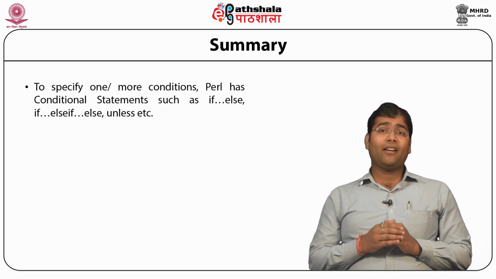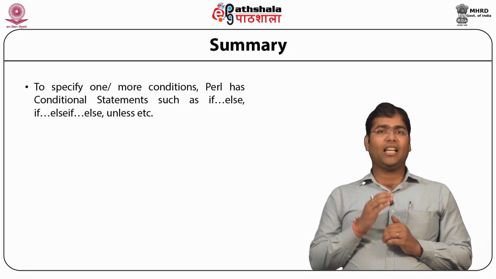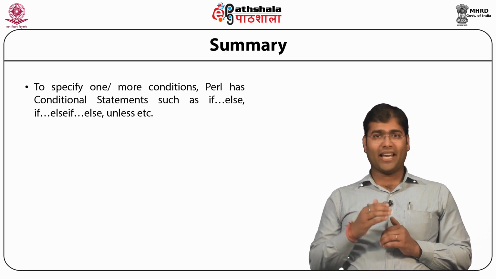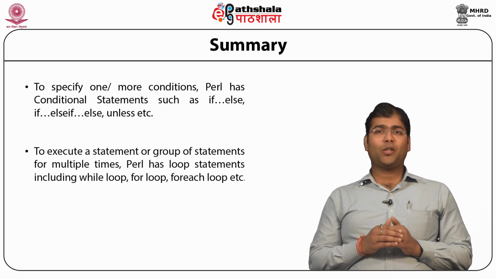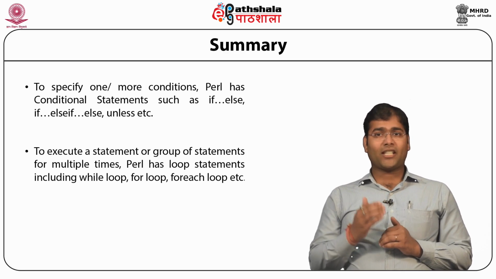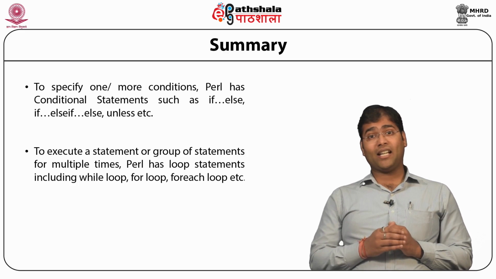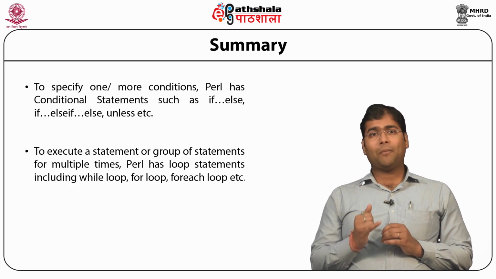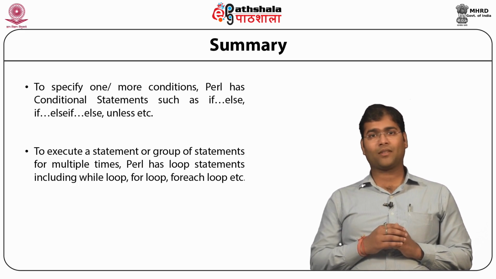To specify one or more conditions, Perl has conditional statements such as the if statement, if-else statement, unless statements, and many others. To execute a statement or group of statements multiple times, Perl also facilitates loop statements. Some of them are the while loop, foreach loop, etc.